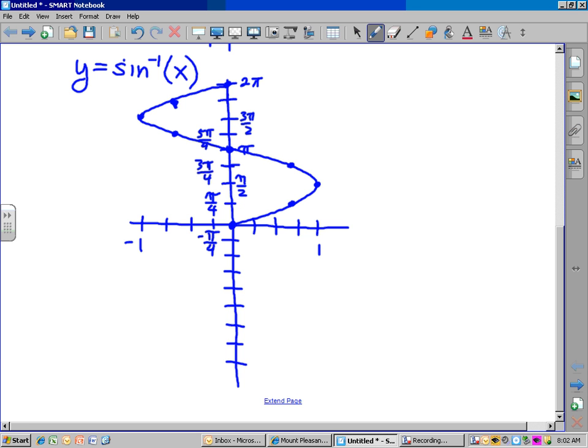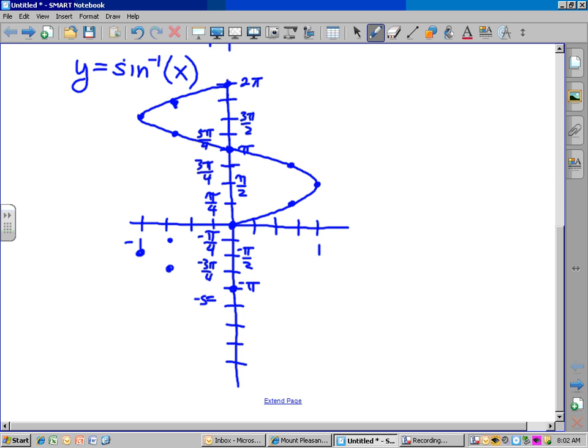So we're going to go at negative 45 and go about 0.7. Negative pi over 2 is going to be negative 1. Negative 3 pi over 4, back to 0.7. And then negative pi, 0.